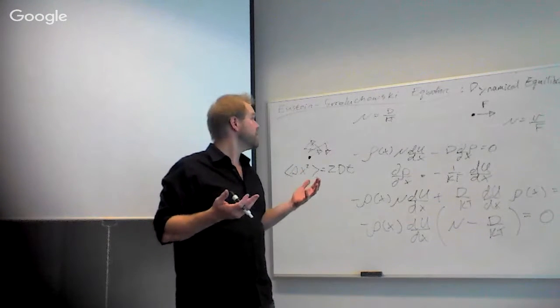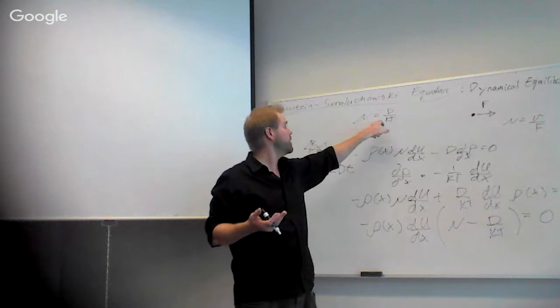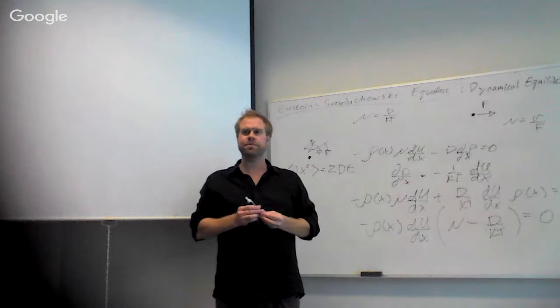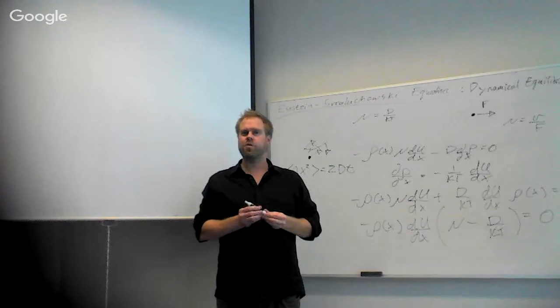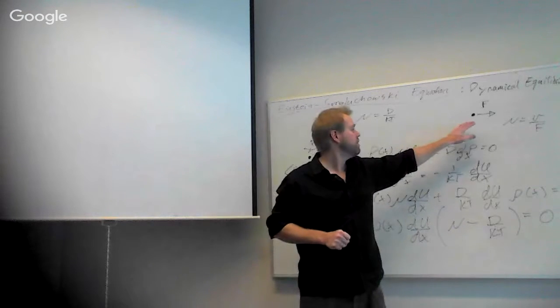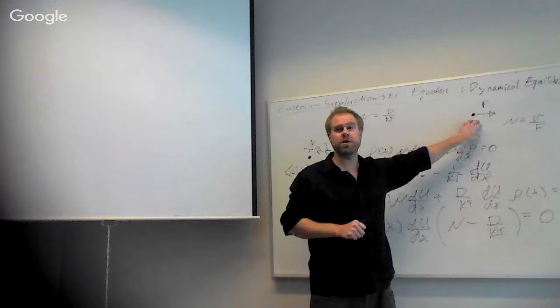The Einstein-Smoluchowski equation tells us that mu is just that D normalized by kT. Is everybody okay with that? Is it obvious to people that this experiment is somehow directly related to this experiment?